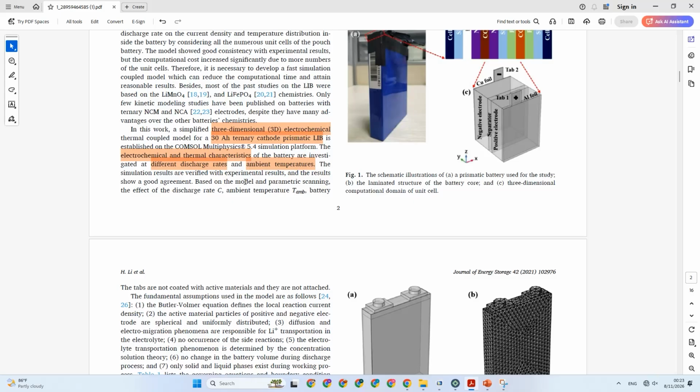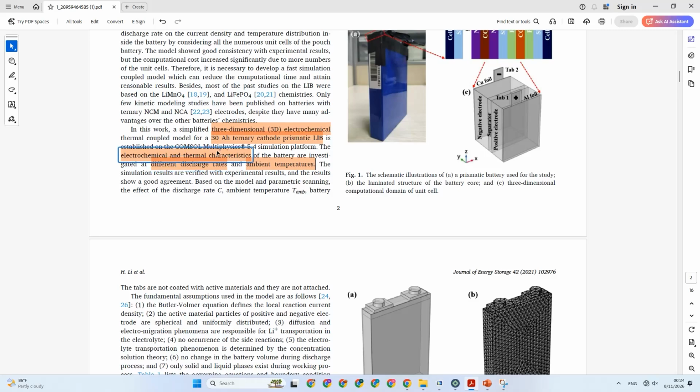When the paper talks about investigation at different conditions, it means that parameters were changed, and these are the inputs of our simulations. The simulation results are verified with experimental results, and the results show a good agreement based on the model.